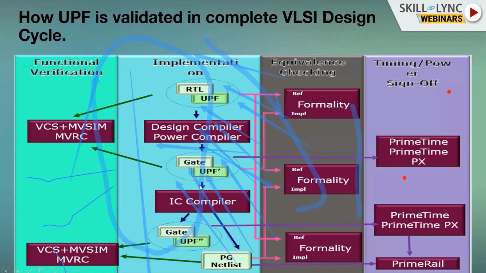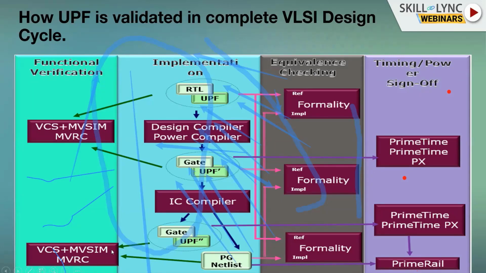Similarly, after gate level, you do place and route and a lot of things in terms of layout. There we also get a gate-level UPF, which is a modified UPF called UPF double slash. Here also we do an equivalence check between these two versus RTL to UPF. Both are checked, this way as well as that way, so that we do not fail functionally.